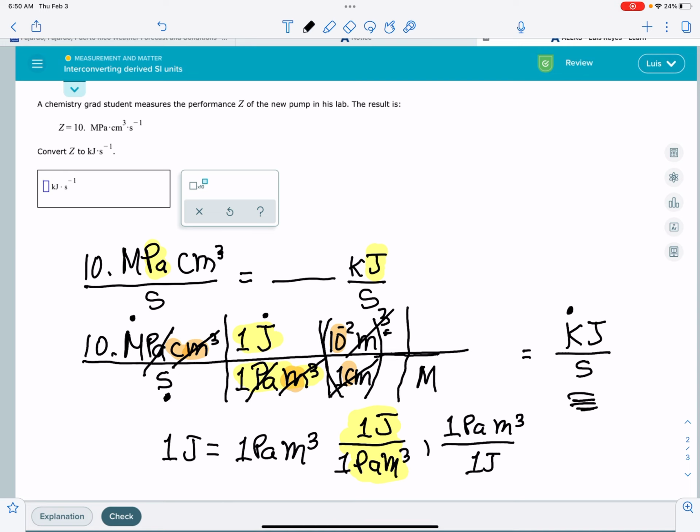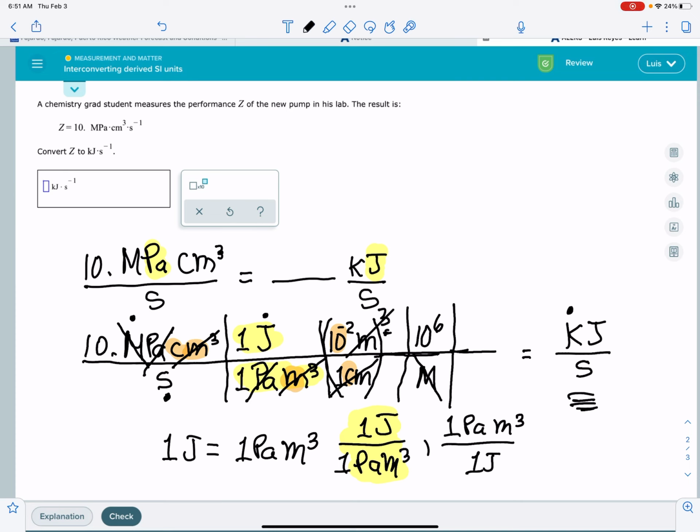And my mega means 10 to the 6. So that gets rid of my mega. But I still want kilojoules.